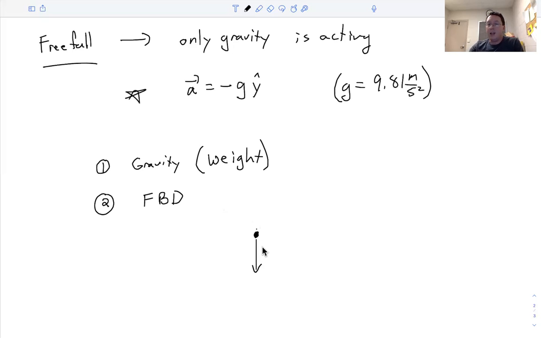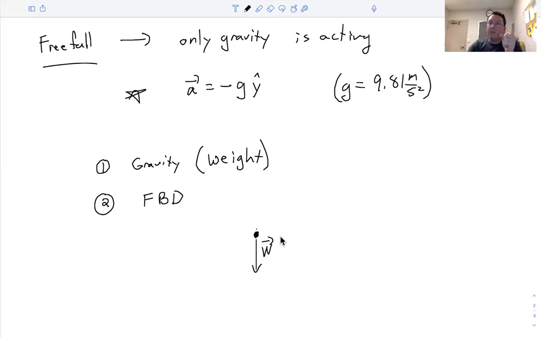And then I label this W for weight. Now it's kind of silly because there's just one force, so we know what we're doing. But when you have 5 forces or 6 forces or whatever, it gets to be confusing. So label everything, and you need as many labels as necessary so that it's all clear.